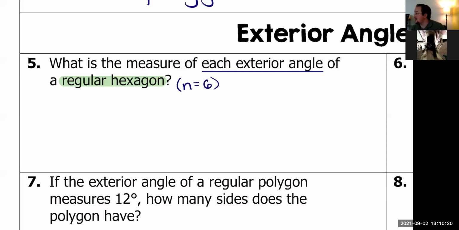Divide the 360 by the 6. I knew what you meant, you just said it backwards. So again, we know the total of the exterior angles is 360 degrees. If all the exterior angles have to be the same, since it's a regular shape, we'll divide that by 6 to get a total of 60 degrees each.